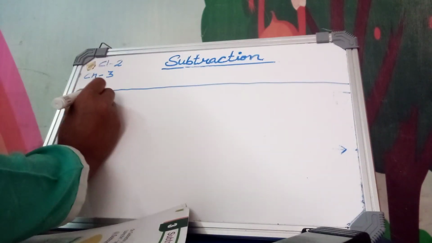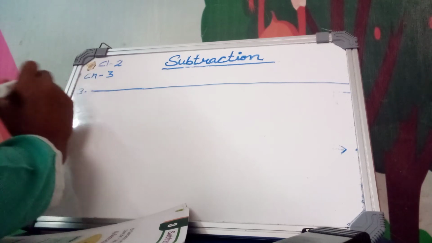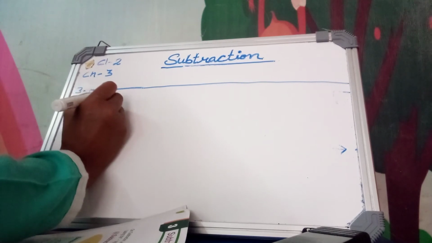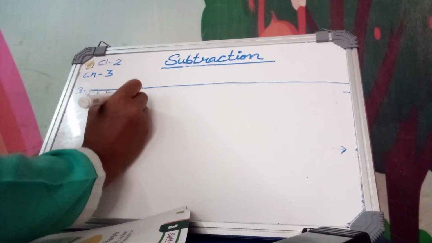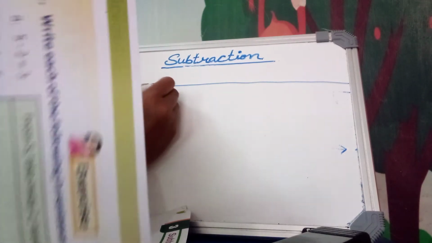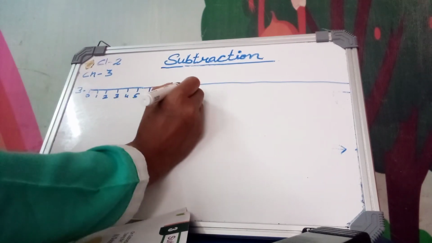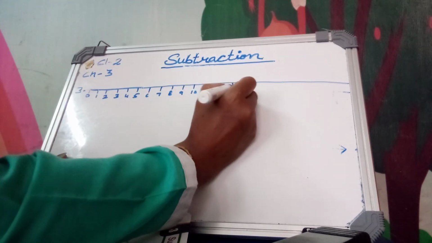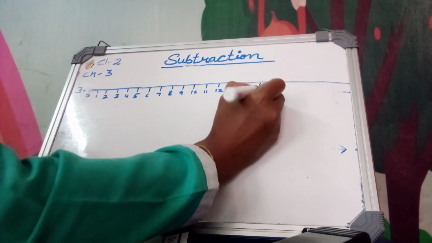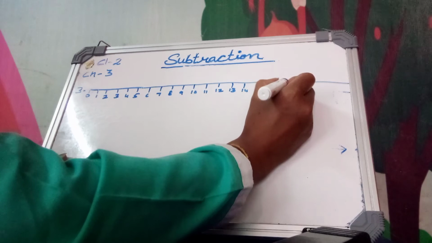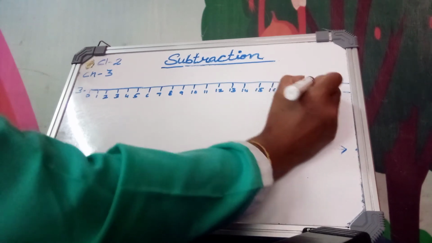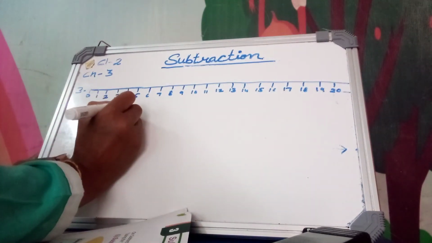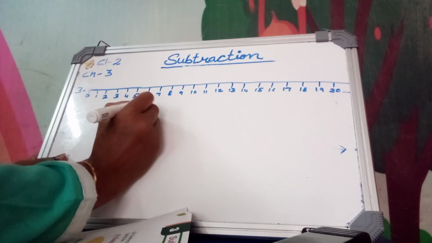You will use a scale when you draw a line. 0, 1, 2, 3, 4, 5, 6, 7, 8, 9, 10, 11, 12, 13, 14, 15, 16, 17, 18, 19, 20.